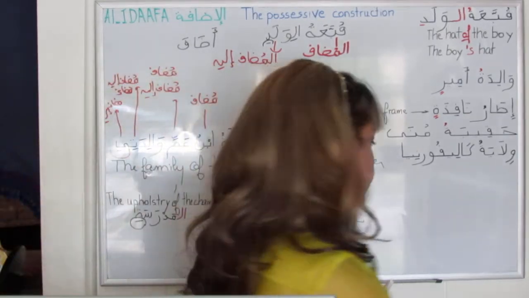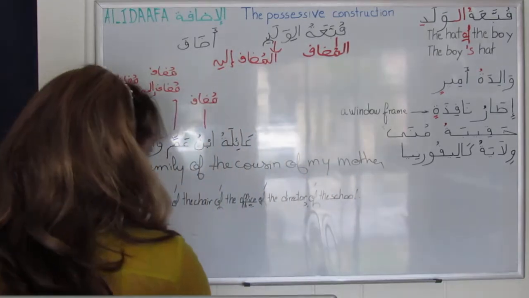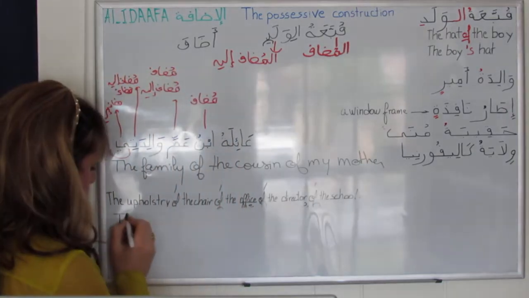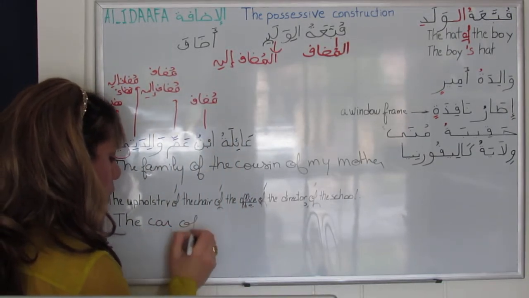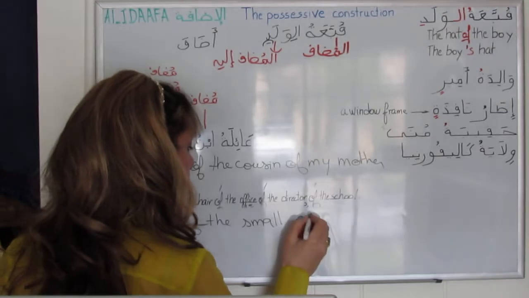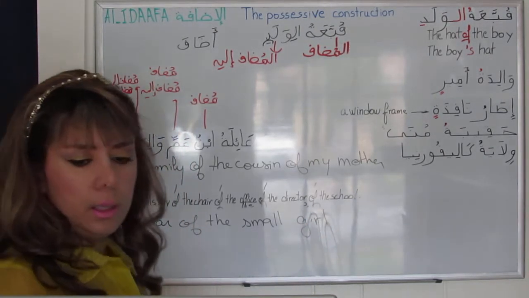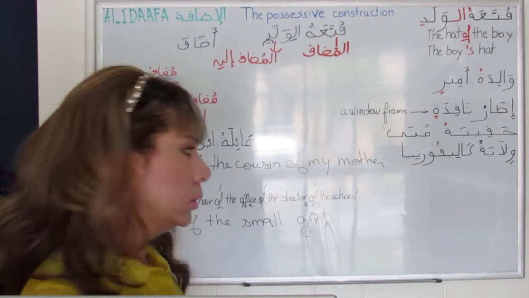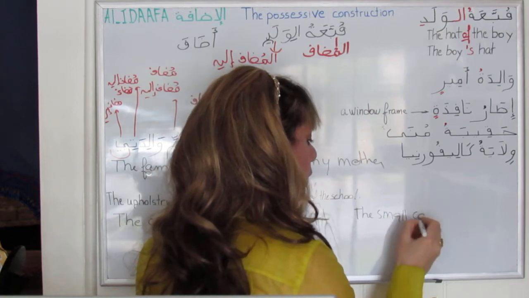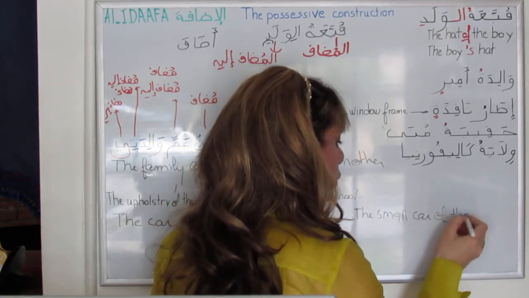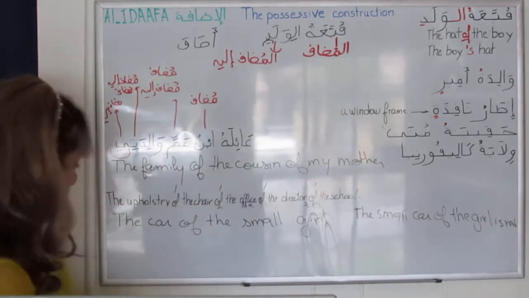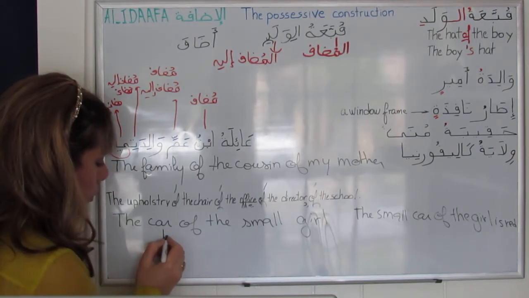For instance, the car of the small girl, the car of the small girl, and the small car of the girl, the small car of the girl is red, let's say.